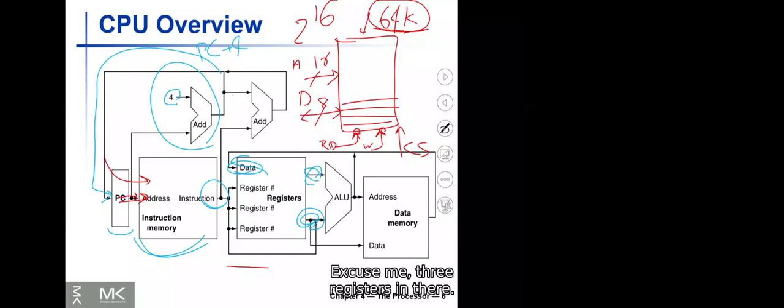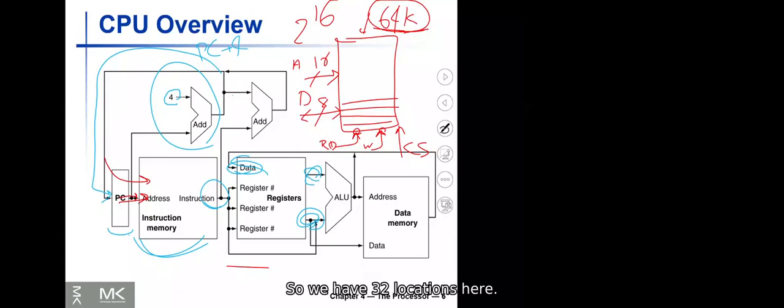Excuse me, are the 3 registers in there the typical source registers and then the destination one? Yes. S0, S1, T0, T1, A0, A1. These are the registers. How many registers did we have in total? 32.